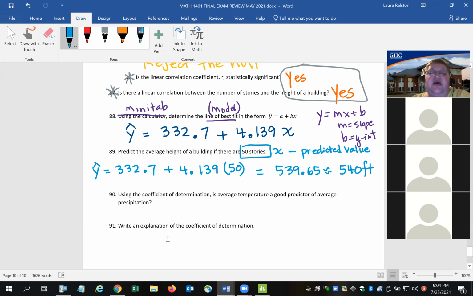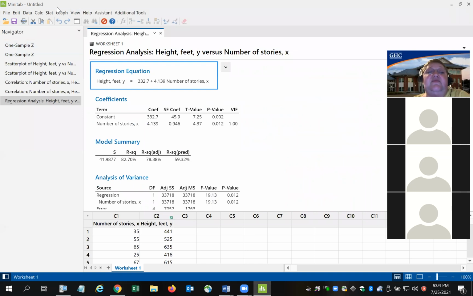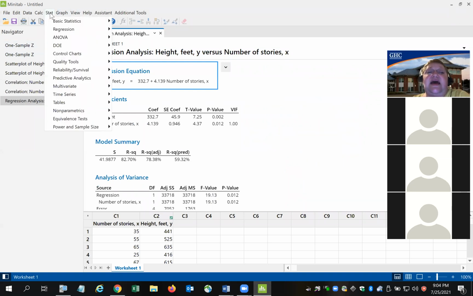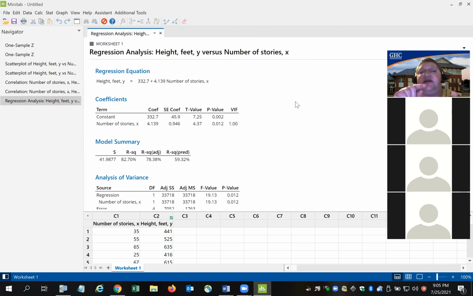To get the coefficient of determination, and on the test it actually just asks you what is the coefficient of determination, we get that from Minitab. Again, that same command: stat, regression, fit regression model. It gives you lots of information: the p-value, the regression equation, and the R squared.